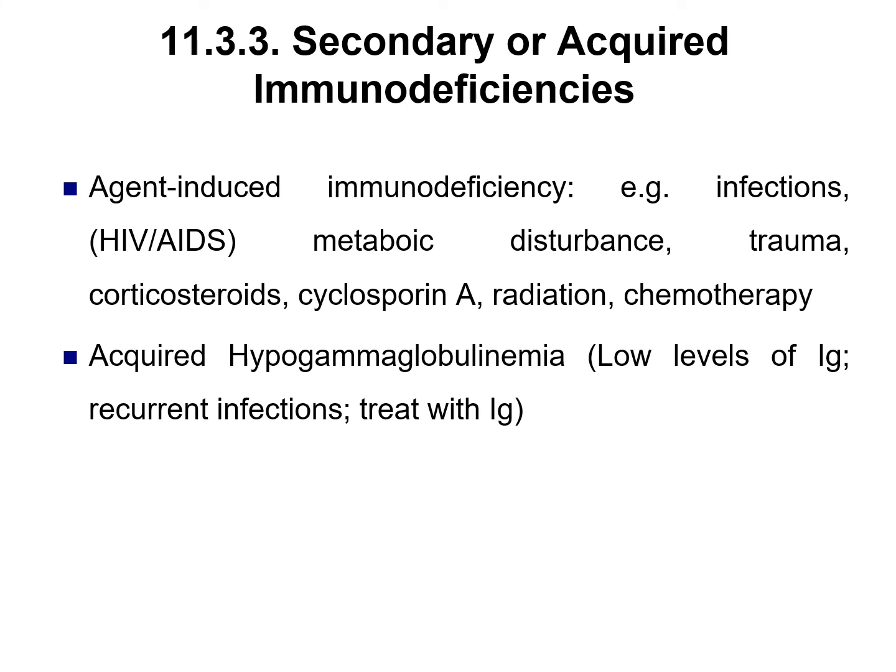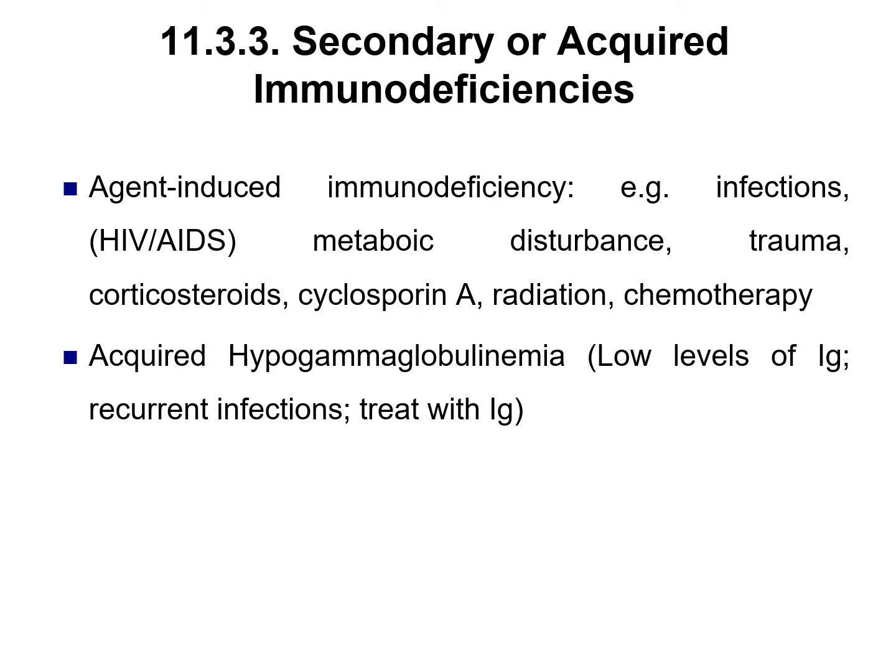And then agent-induced immunodeficiency. So this is secondary. As we have been told, it can be because of infections like HIV, metabolic disturbance, trauma, corticosteroids. Yes, corticosteroids are used. That's why we have to limit their use, because our immune system will be compromised.